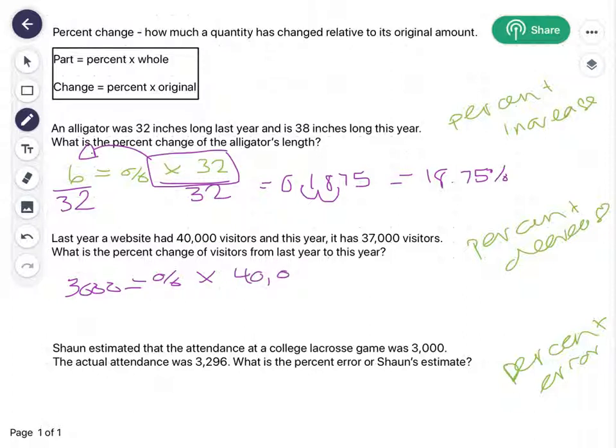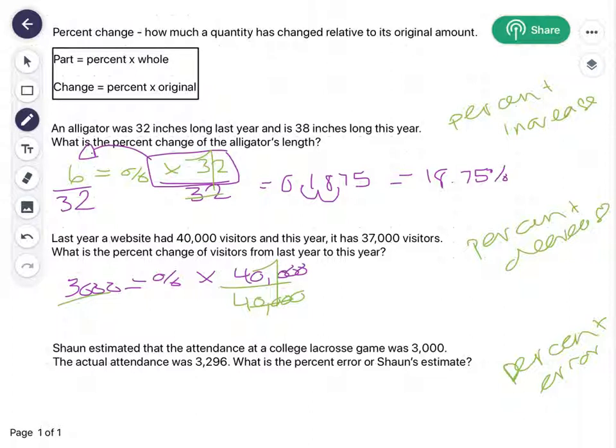So in order to get that 40,000 over to the other side of the equal sign, we need to do inverse operations, and we're going to divide by 40,000. Remember that this just becomes 1. That's why we do it. It goes away from this side because it becomes 1, and 1 doesn't change anything.